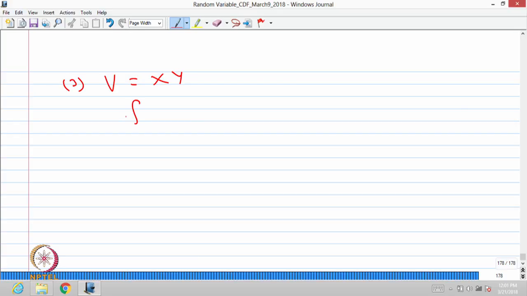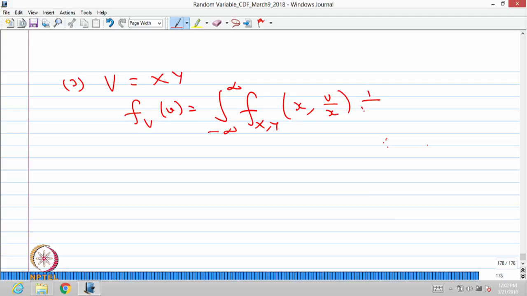You can get the probability density function of V by integrating the joint probability density function by substituting x as it is, and y by v divided by x, multiplied by 1 divided by absolute of x, dx. This will give the probability density function of V.